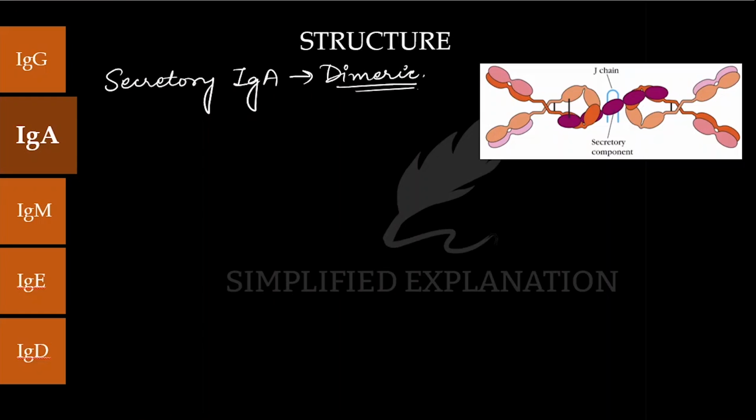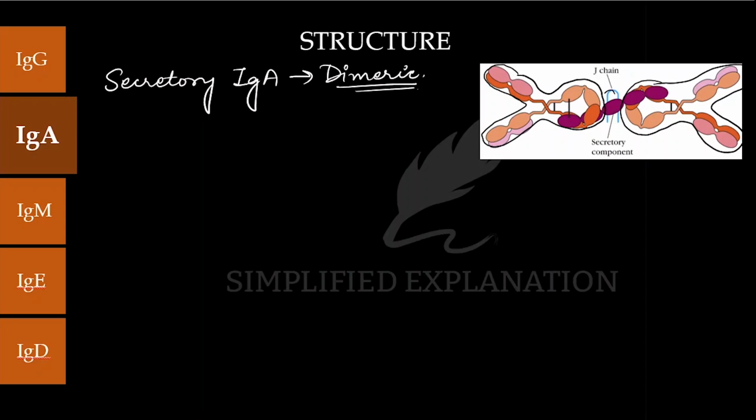Now here, this is the diagram of the dimeric IgA. If we see closely, this portion is one monomeric IgA, and this other portion is another monomeric IgA, and they are linked.